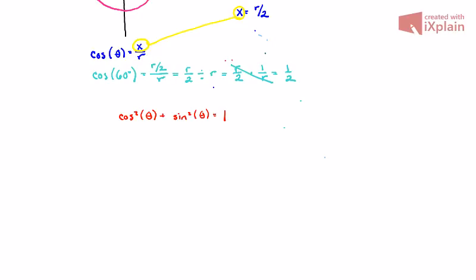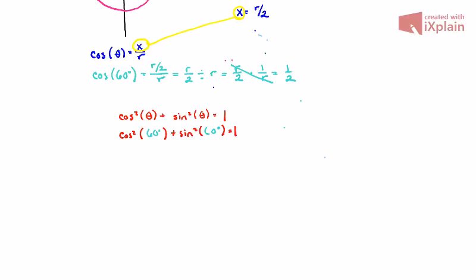Also recall that an identity means that we can drop anything in for theta and we will get true statements. So I can say the cosine squared of 60 degrees plus the sine squared of 60 degrees is equal to 1. All I've done here is a substitution.